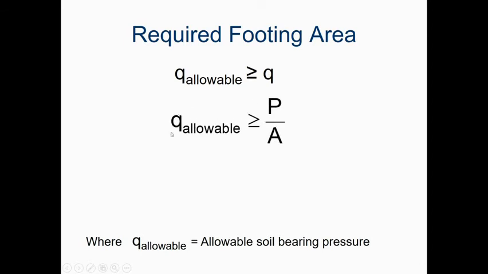So Q allowable, the allowable soil bearing pressure, is greater than or equal to this load over area. Ultimately, this is the arrangement that we're trying to get to. The area of the footing is greater than or equal to my load divided by my soil bearing pressure.